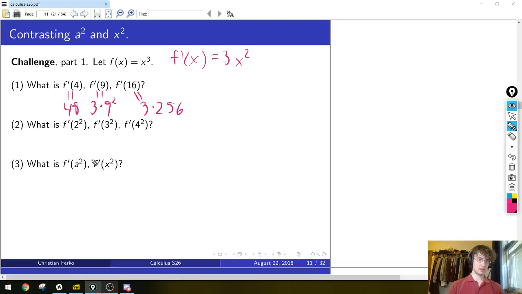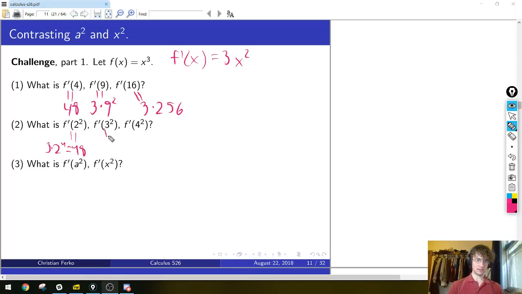Okay, now a contrast. What are f prime at 2 squared, 3 squared, and 4 squared? So f prime of 2 squared is going to be 3 times 2 squared squared, which is 2 to the power of 4. So 3 times 2 to the 4, which is again 48.